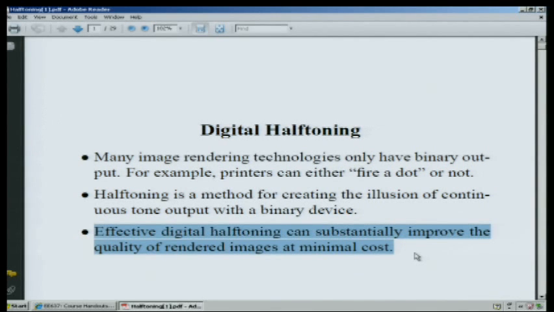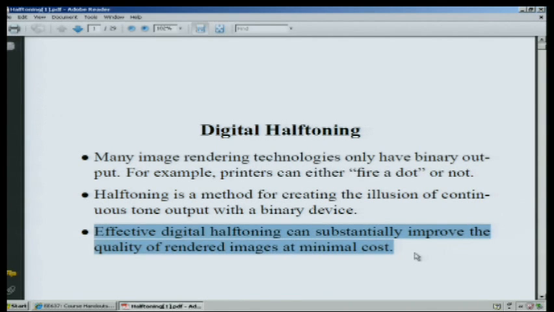If you have that, then you don't need halftoning. But most widely available printing technology requires some form of halftoning, even if it's sometimes multi-level.